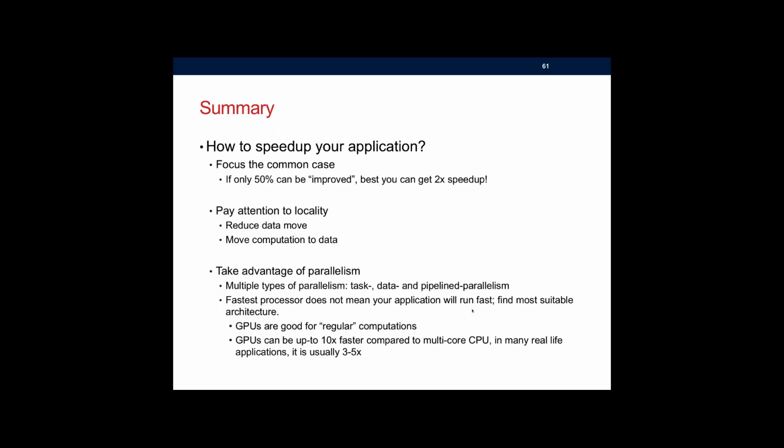In regular applications, I've seen that GPUs can be up to 10 times faster in some applications, but in real life it's really about 3 to 5 times faster, and it's not 100 times faster. But again, it really depends on your application characteristics.